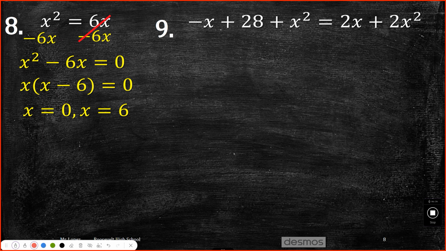Should we move everything to the left or to the right? I'm going to move everything to the right because the biggest power is x squared, and there's only one x squared over here, and I want to keep it positive. So I'm going to move everything to the right.